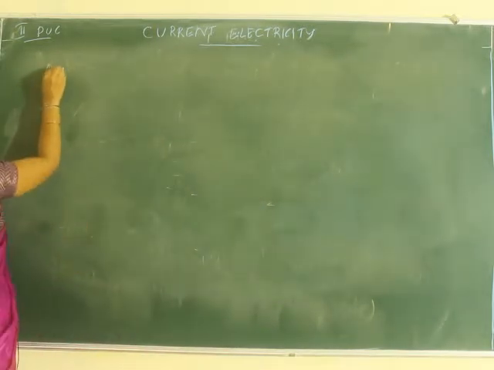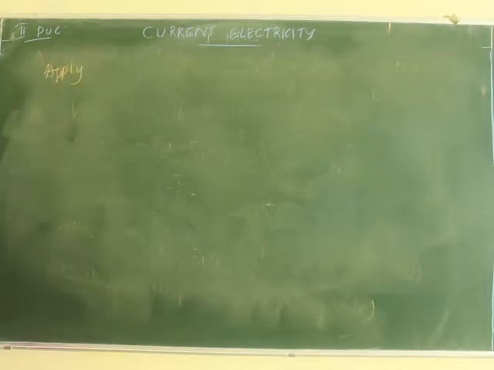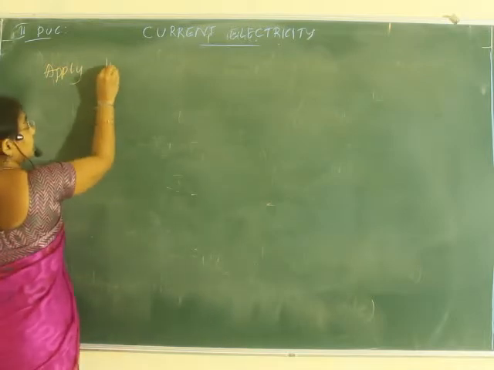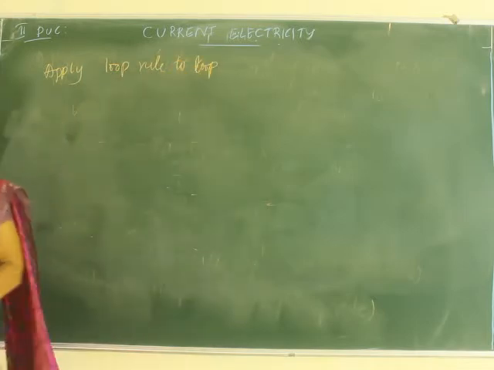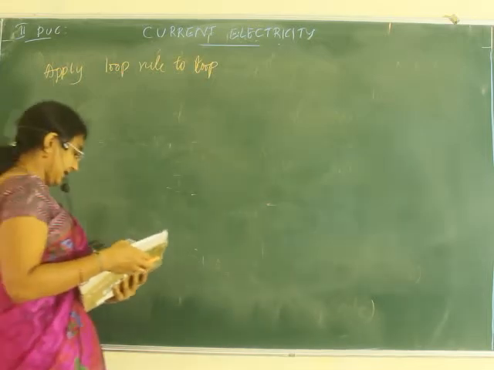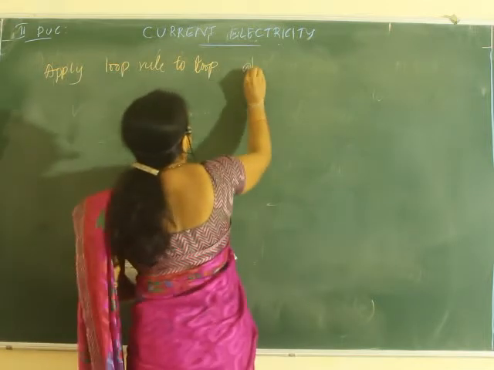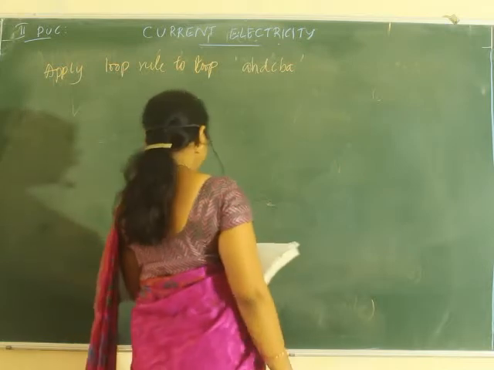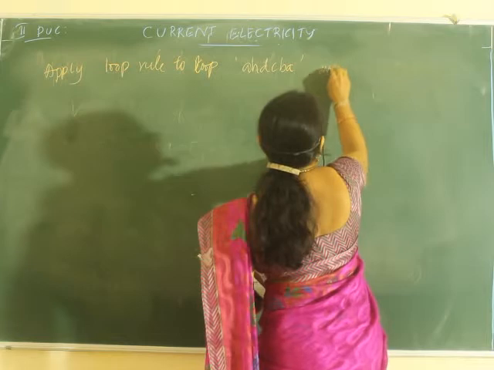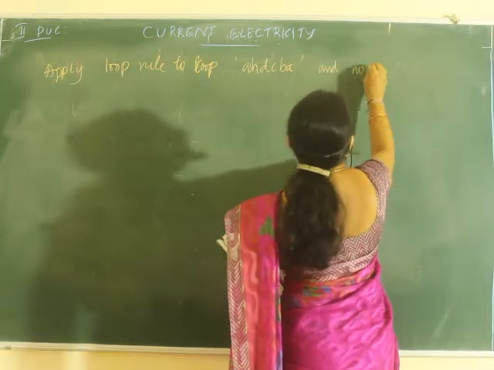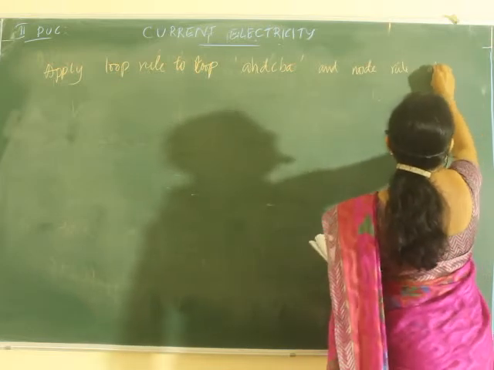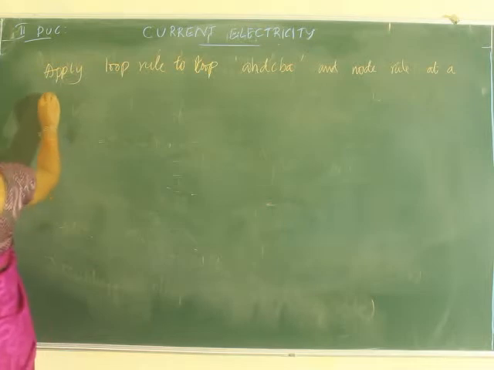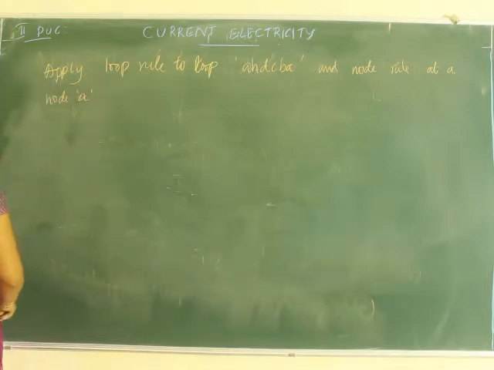Apply loop rule to loop AHDCBA, and node rule at a node A in the following circuit or network.